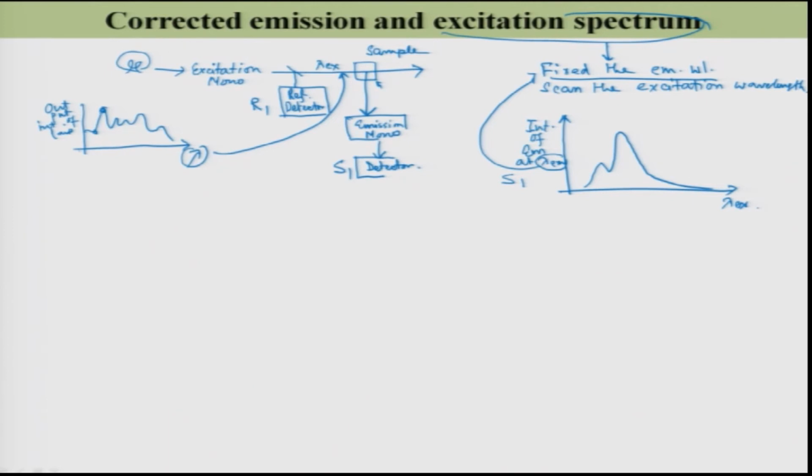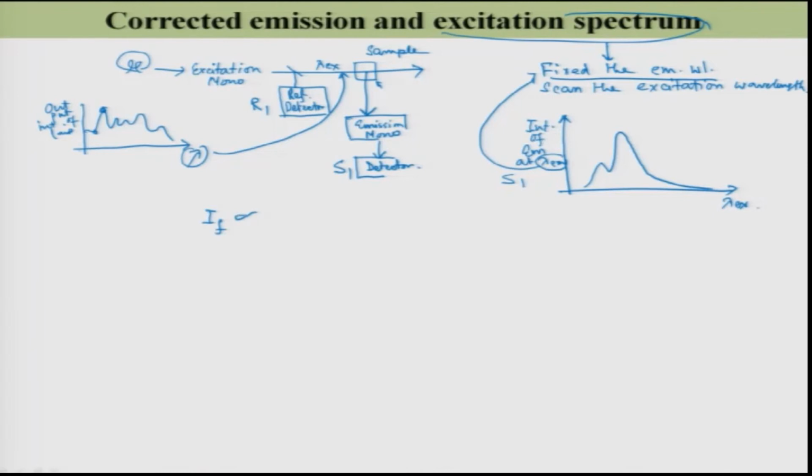So, I said that intensity of fluorescence is proportional to the intensity of excitation light and the concentration. If concentration remains same, then this is just proportional to the intensity of the excitation light, that means the intensity of absorption. So, IF is proportional to IA. And what is the proportionality constant? That is the quantum yield.